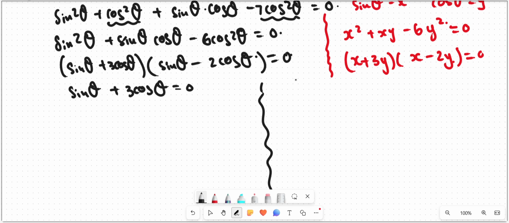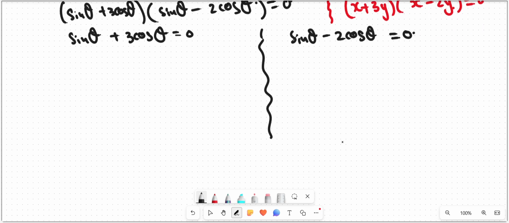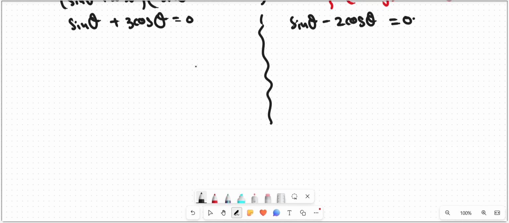And my other solution is this one here, sine theta minus 2 cos theta is equal to 0. Again, this one is going to branch out into 2 solutions because you're going to have to check your 2 quadrants, remember? So let's do the one on the left hand side. I noticed that I can take the cos over.